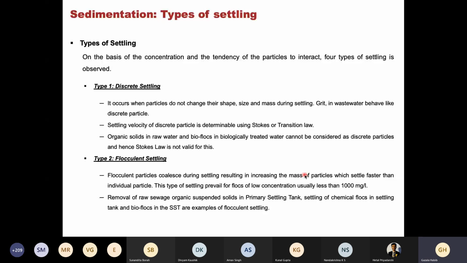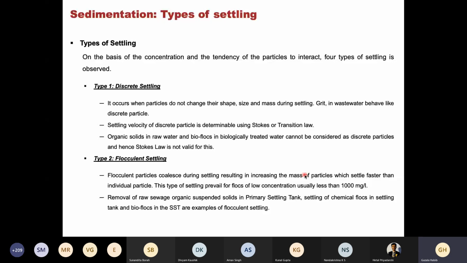Now, what are the types of settling that happen in the tank? See, this is a kind of theory to explain the settling process. It is not like somebody has seen it, but it can be observable also. In the laboratory we use a transparent column, put the wastewater in it, and observe this phenomenon.